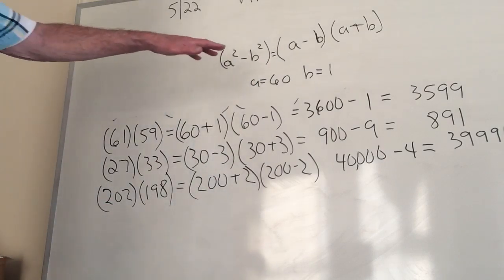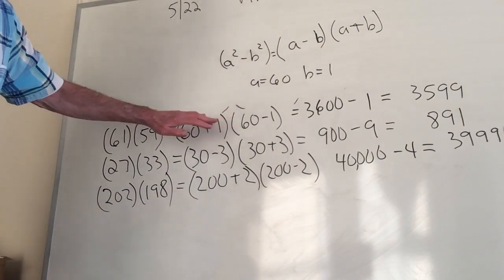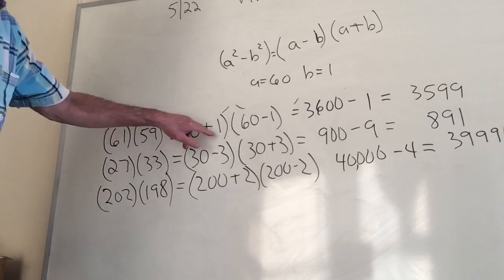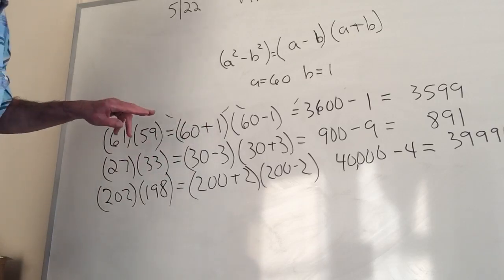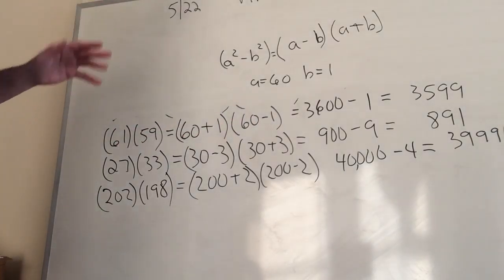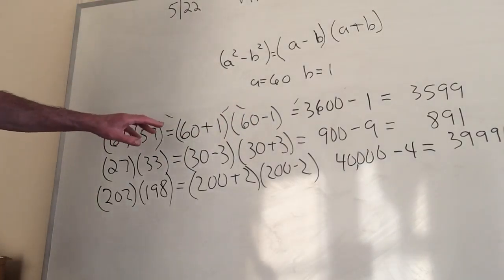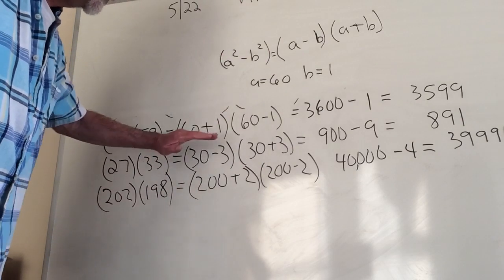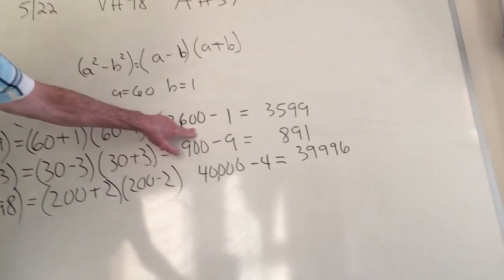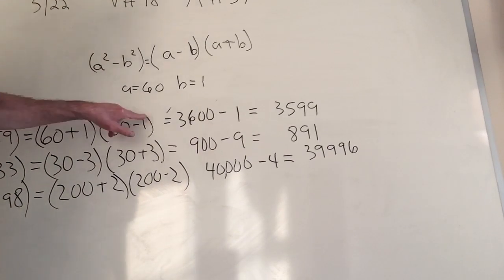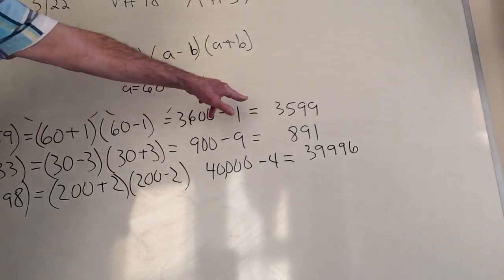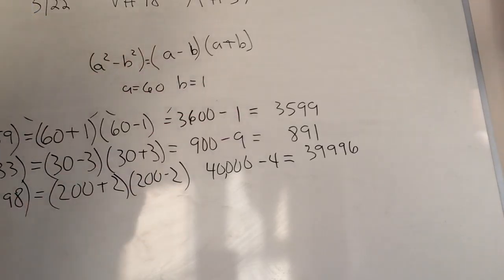So I'm just using this format, this configuration that I called it, to do these numbers here. It's true enough that 60 plus 1 is equivalent to 61, 60 minus 1 is equivalent to 59, but I can do the work really fast now because the middle terms go away. 60 times 60, we see it right there. We move quickly. 1 times 1, but a negative times a positive, minus 1, and you can check on your calculator, there's the correct answer.